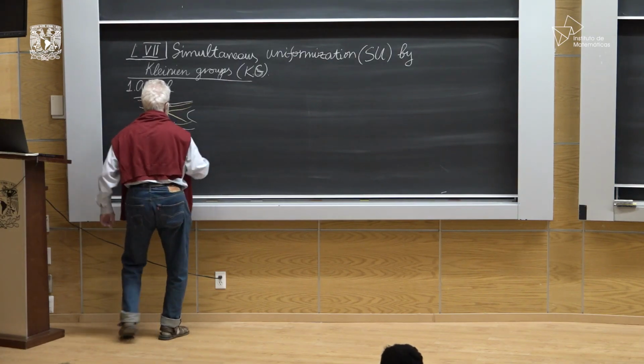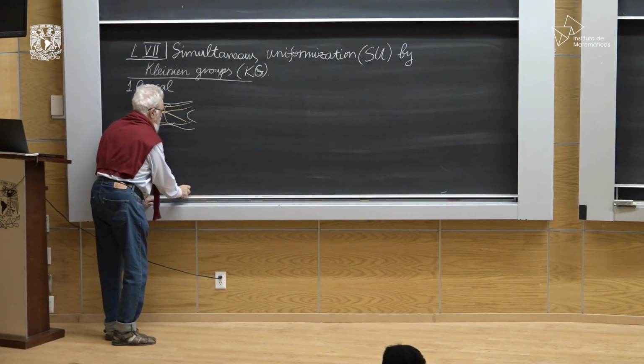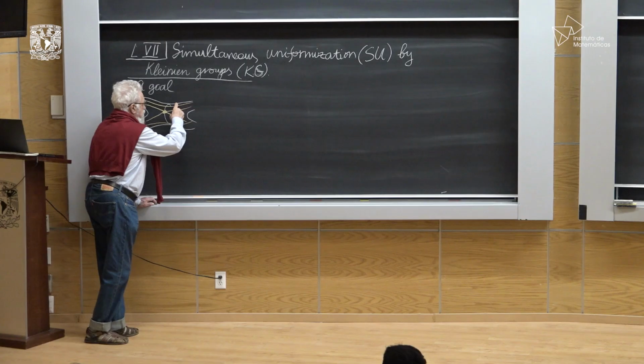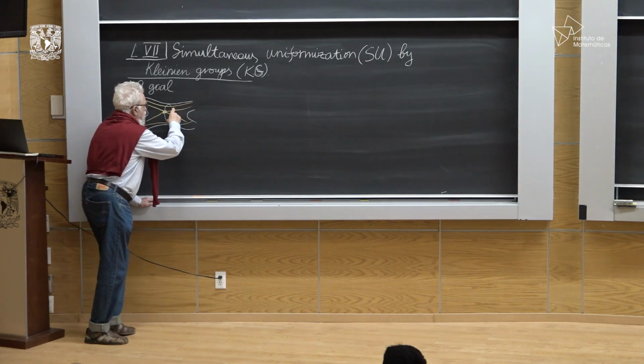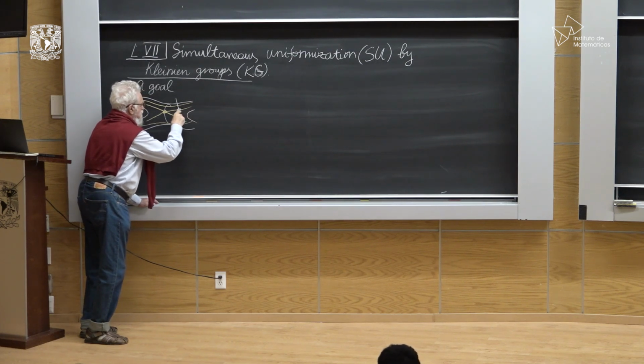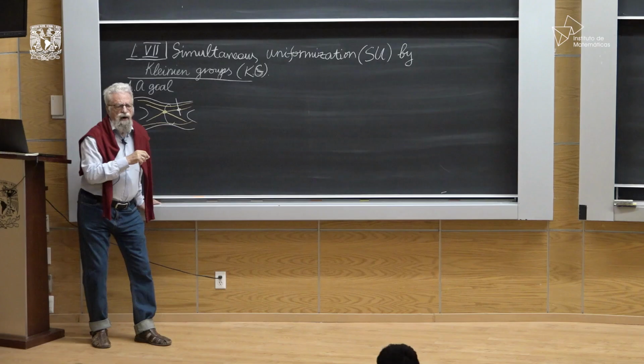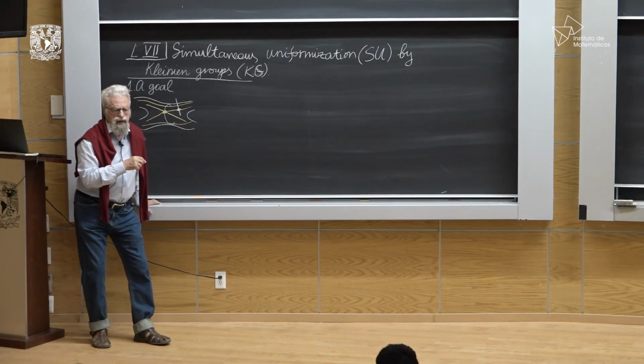Something like this. And the topology of the leaf remains the same for all the points of a cross-section except for one. And one point on the cross-section corresponds to a leaf with a different topology. So this is what I want to present you today.